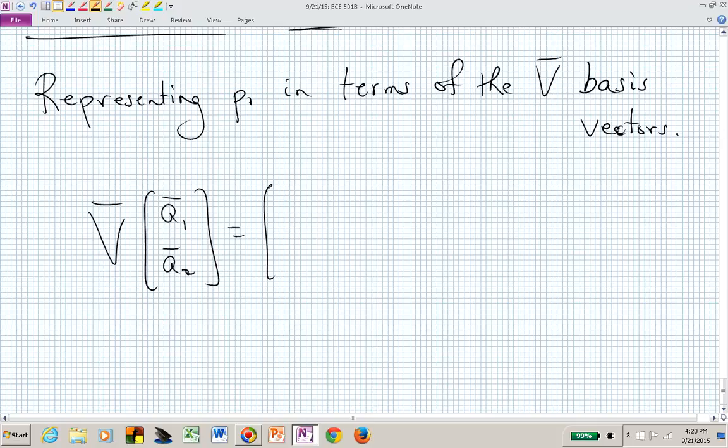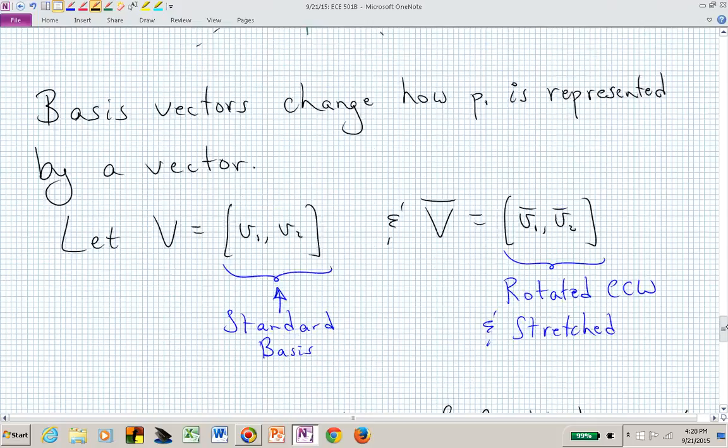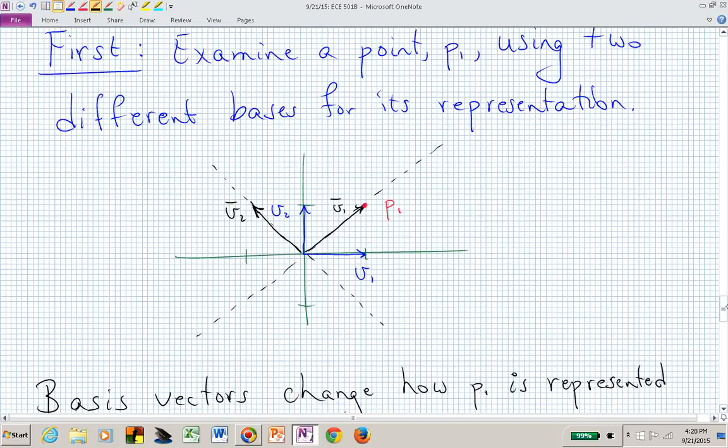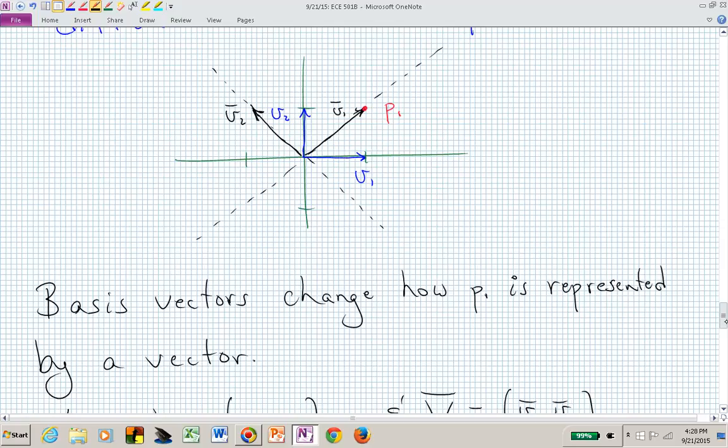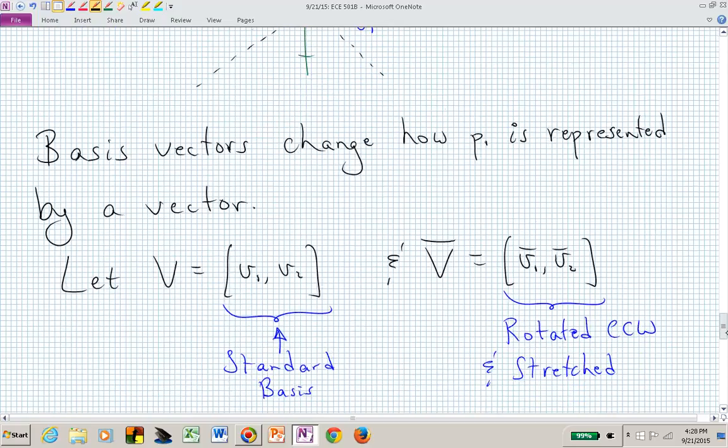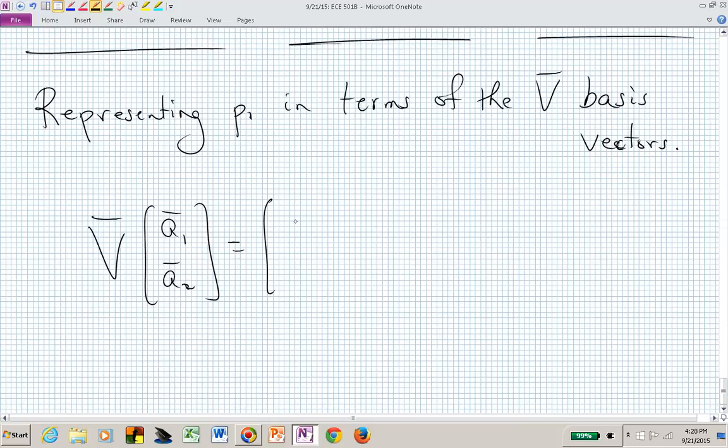Or now we have what was V1 bar as a column. So V1 bar, and this is maybe a little bit confusing, do you see that it's just 1, 1?